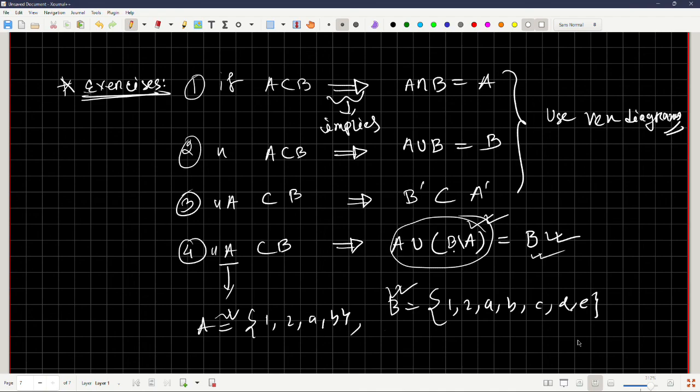Well, the universal set can be the set of all integers, or it can be the set of all real numbers. So there is no unique definition for a universal set, but once you are given some sets, you can always say these sets might be subsets of a bigger set, and that bigger set is the universal set.